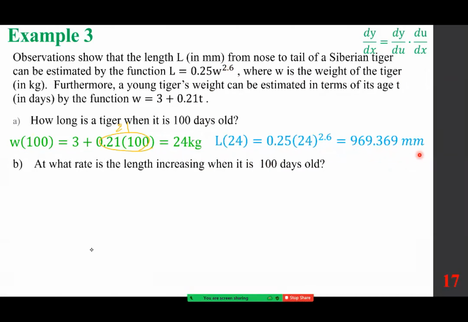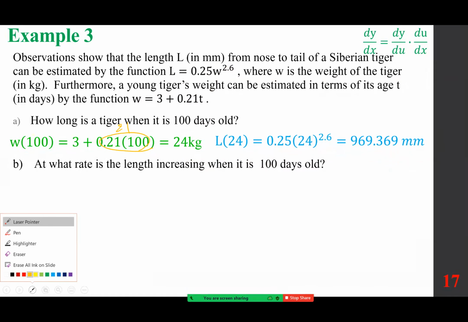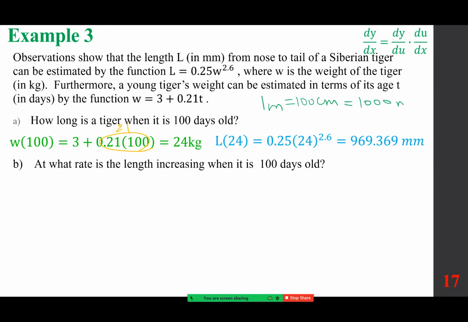And I want to remind you that 1 meter is 100 centimeters, and it is 1,000 millimeters. So this is close to 1 meter, and 1 meter is about 1 yard, and 1 yard is about 3 feet. At what rate is the length increasing when it is 100 days old?